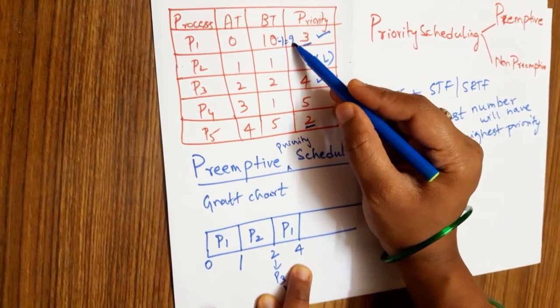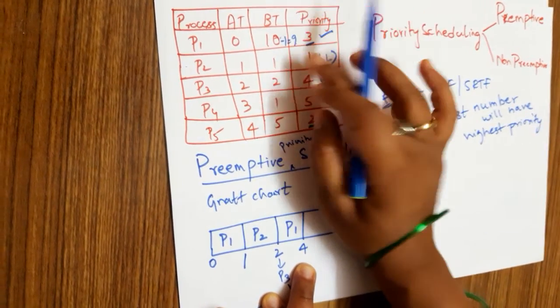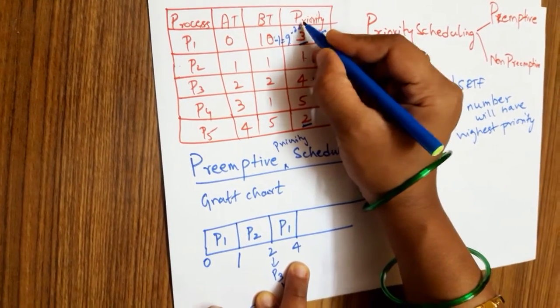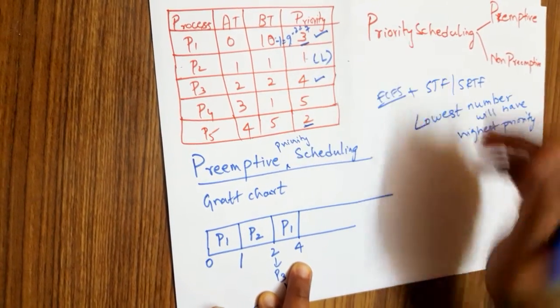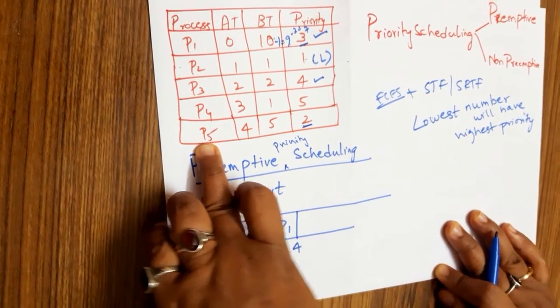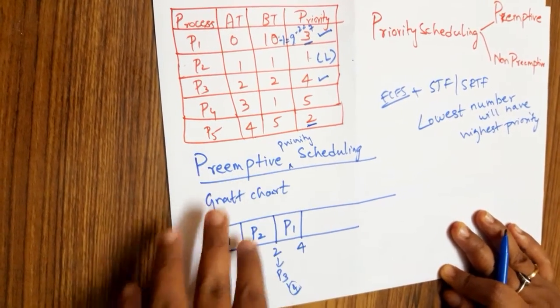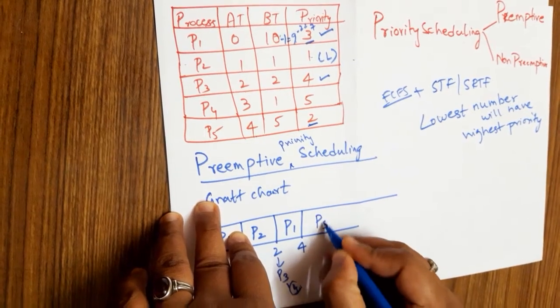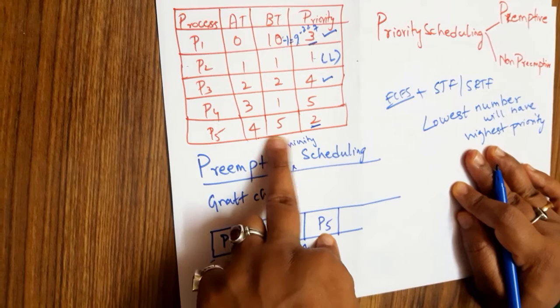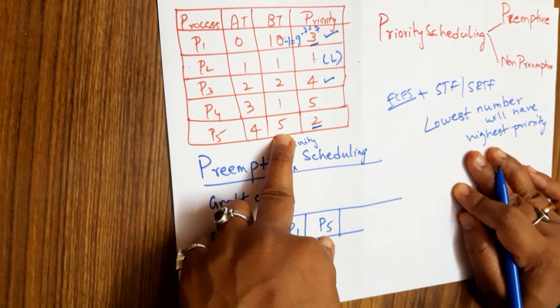Now I will ask process P1 to pause. It executed for 2 more milliseconds, so the total remaining time will be 7 for process P1. And now I will ask process P5 to execute.